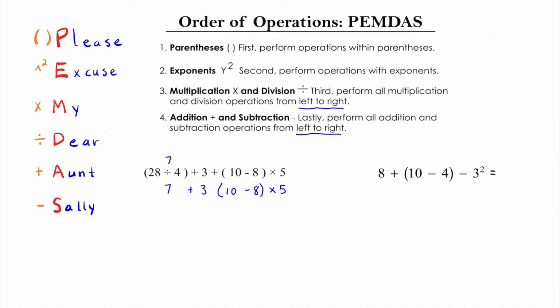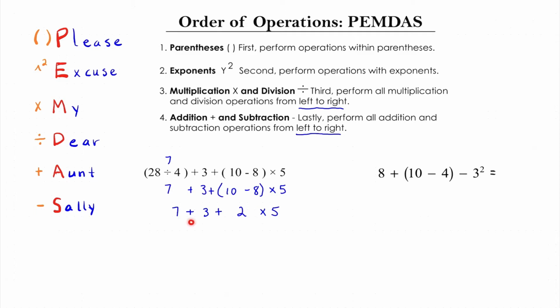The next thing in the problem is another parenthesis. So we do 10 minus 8, which gives us 2. Actually, there's a plus right there. Then we rewrite the rest of the stuff around it that we still have left, and this becomes our new problem.